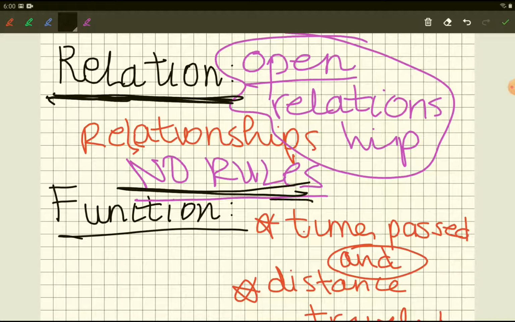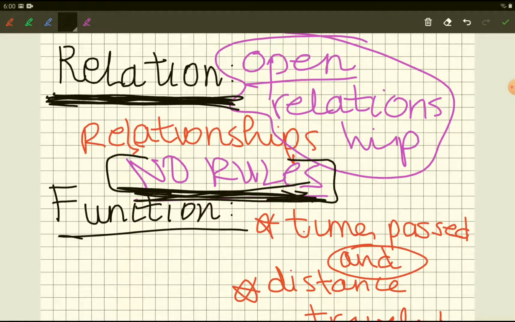It's not exclusive. There are just not really that many restrictions on a relation.